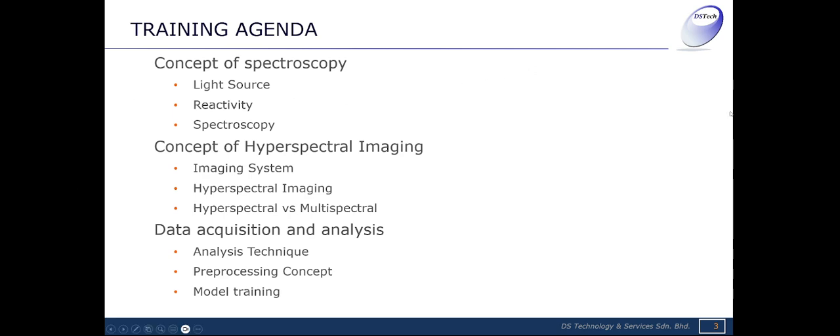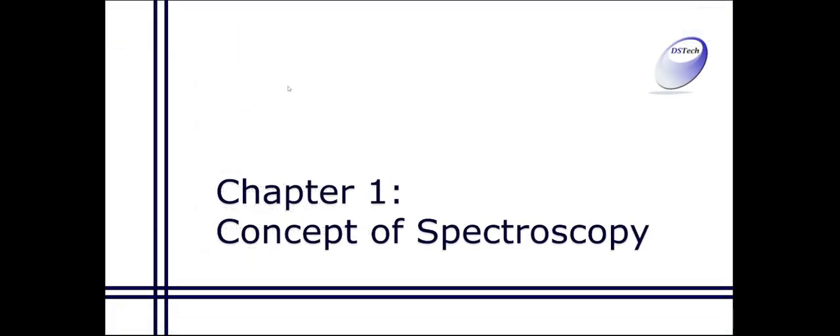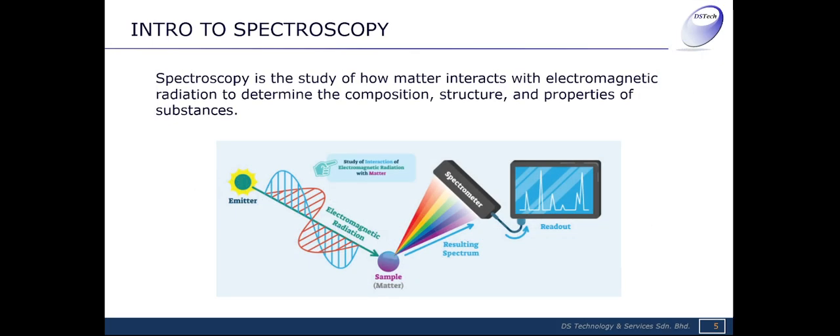So as we know, spectroscopy is a concept of how matter reacts under electromagnetic radiation, where we have a sample and a spectrometer. Usually it is a sensor, or spectrometer sensor, and you have an emitter for the common type of spectroscopy.